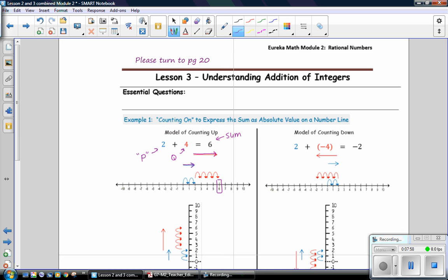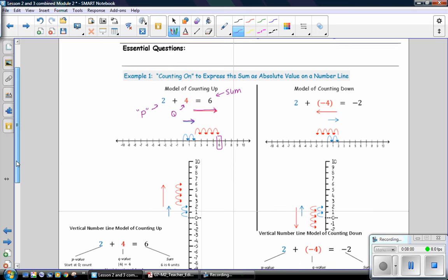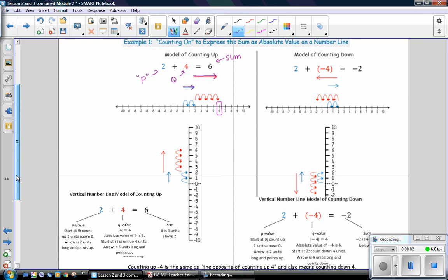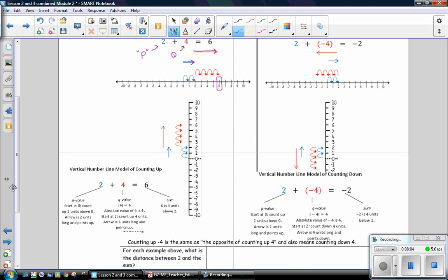Then let's continue down, and we'll talk about the same kind of problem on a vertical number line. Again, the p value is the first value, and you start at 0. You count up 2 units above 0, and the arrow is 2 units long and points up. So this blue arrow is our positive 2.